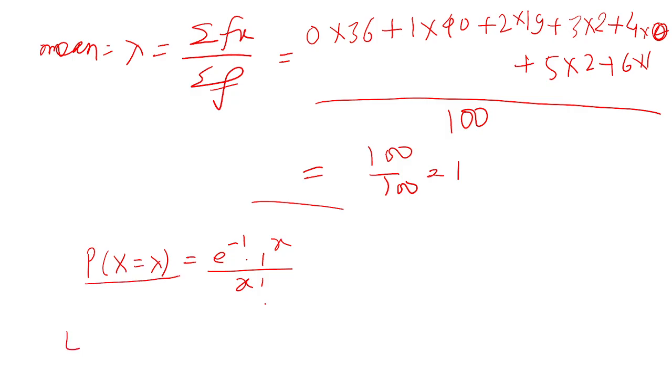So now this is going to be p. What will be the expected value? E of x will be whatever the number we have into p of x. How much number we have? 100.